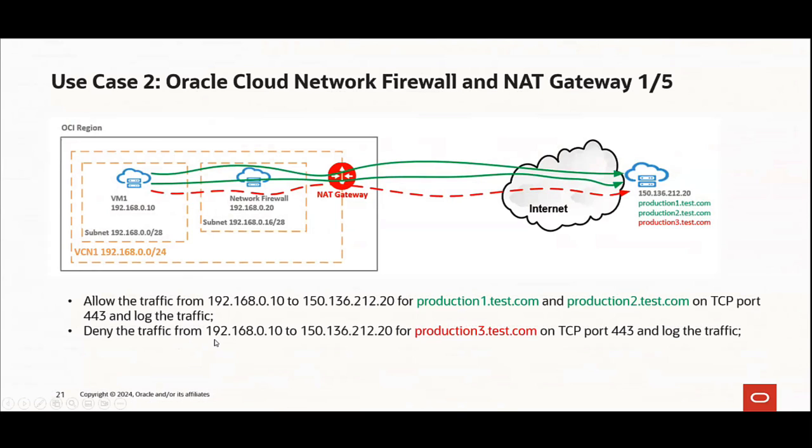So what is happening? Over the NAT gateway, only the VCN-initiated connections can flow. No one from the internet can initiate connections. But what is happening right now? The same VM will be able to initiate HTTPS traffic to production1test.com and production2test.com.